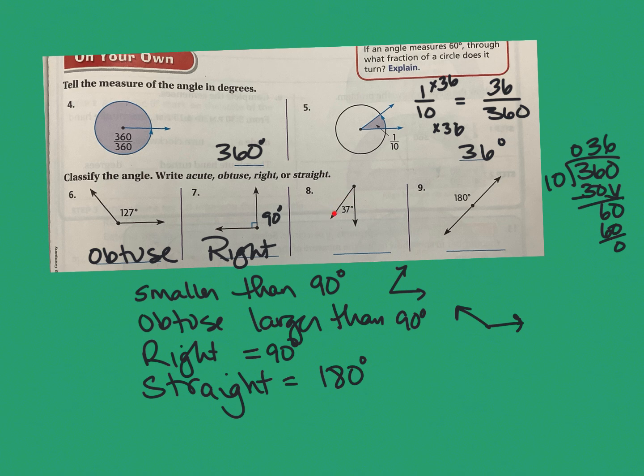This is 37 degrees, which is smaller than 90 degrees. 37 is smaller than 90, right? So this is an acute angle. And a straight line, 180 degrees, that is a straight angle.